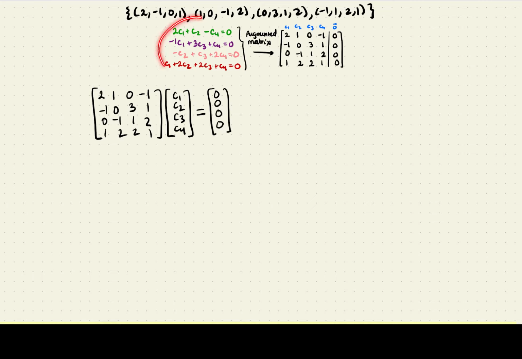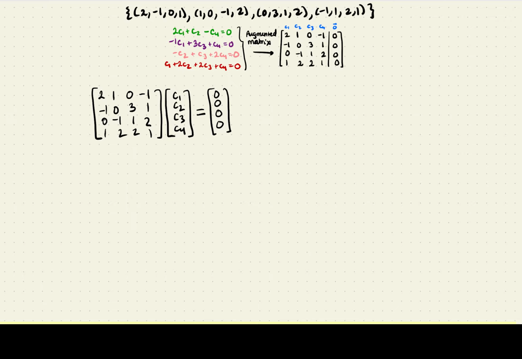Instead of the augmented matrix, I've just got the coefficient matrix here. If I multiply that by a column of my unknowns, I would recover the left-hand side of this system, and I'm setting that equal to my right-hand side, which is all zeros.